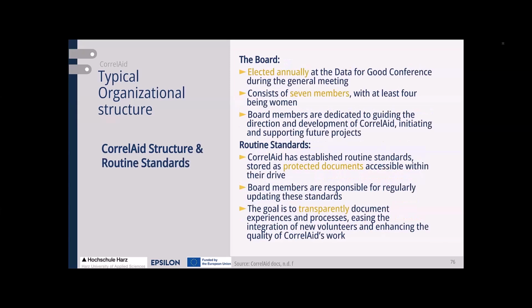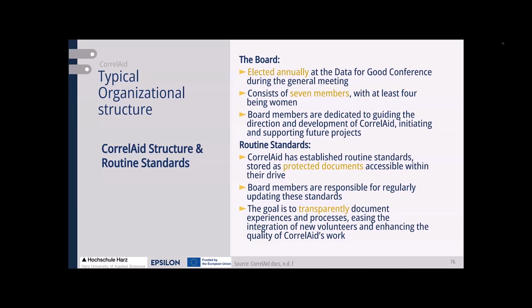The board of CorrelAid is elected annually. There is a conference, Data for Good, and here is where the board is elected, and there are 7 members that form the board. The board members basically represent the continuity of the CorrelAid organization as a whole, and they are dedicated to guiding the direction and development of CorrelAid.